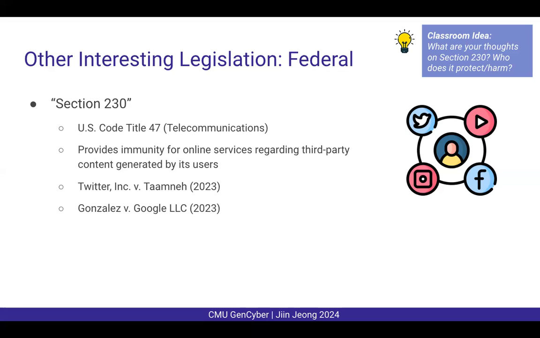Two famous Supreme Court cases recently in 2023, which Section 230 is involved with, include Twitter versus Taamneh and Gonzalez versus Google. And a classroom idea, especially since many students use social media and are familiar with Instagram, Facebook, Twitter, X, and so on: what are your thoughts on Section 230? Who does it protect, who does it harm, and what are some opportunities and challenges from Section 230?